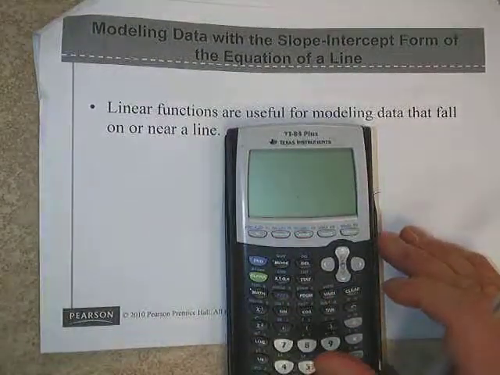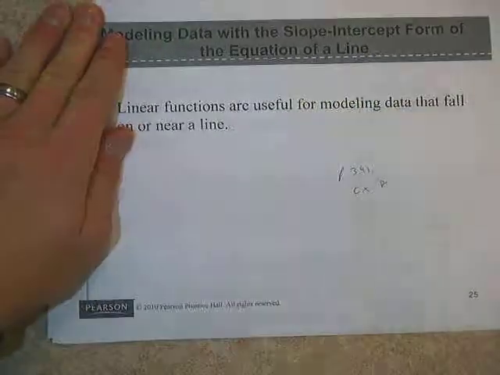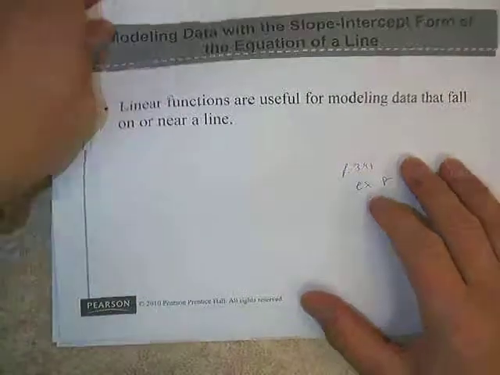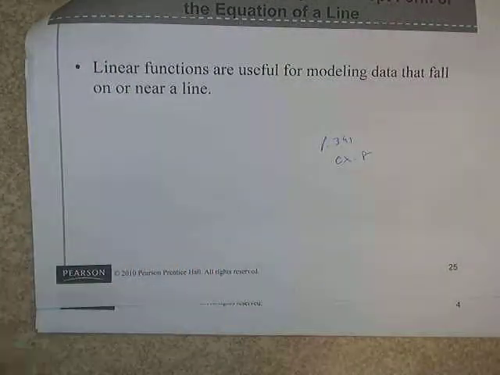And the last part here: linear functions are useful for modeling data that fall on or near a line. If you watch the part 2 video, I'm going to illustrate how we model data with linear functions.